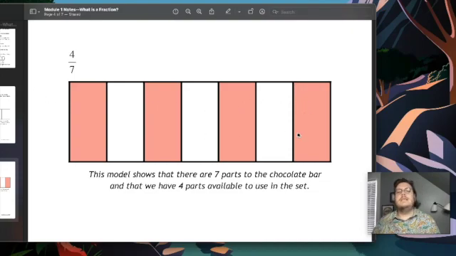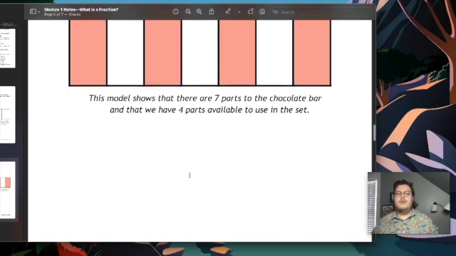I have 7 pieces all together to make a whole, and I have 4 pieces that I can hold in my hand. So I shaded in 1, 2, 3, 4 of them, which means I need 3 more to make a whole candy bar. This model shows that there are 7 parts to the chocolate bar and that we have 4 parts available to us to use in this set.